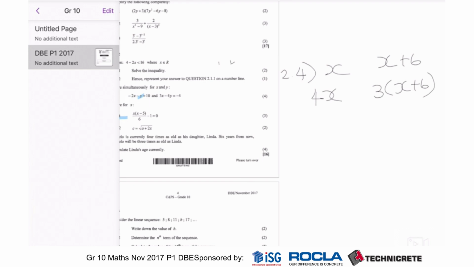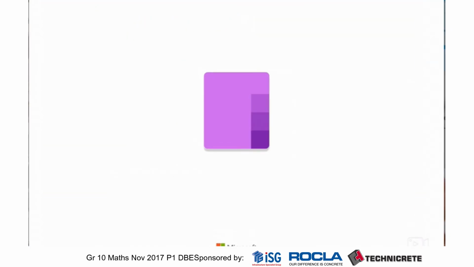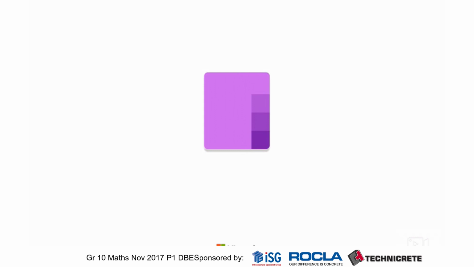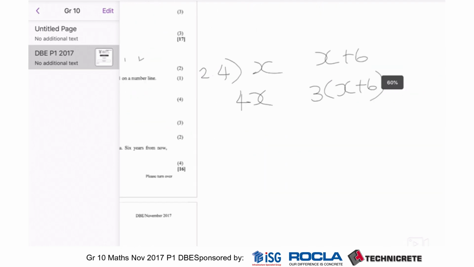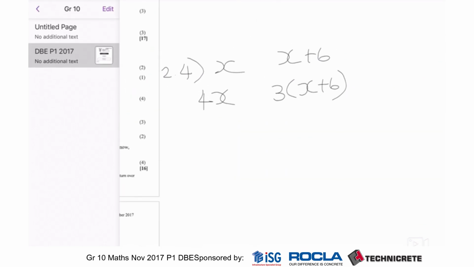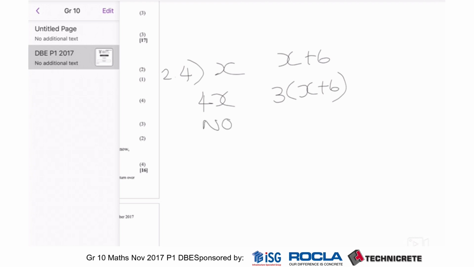So essentially we've got an equation where we're comparing now and 6 years from now.